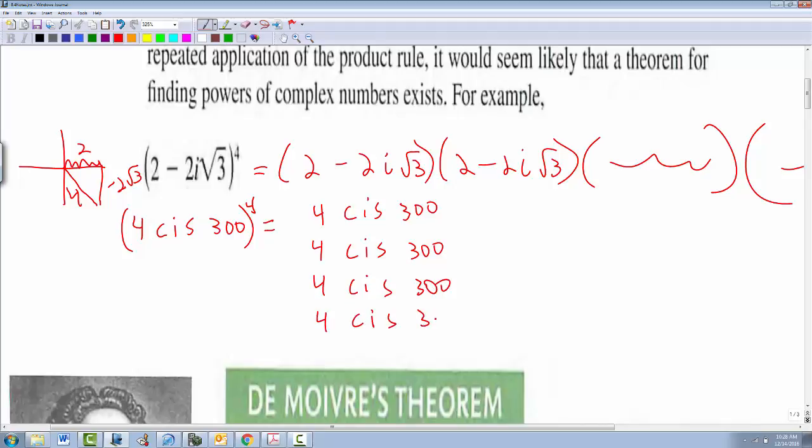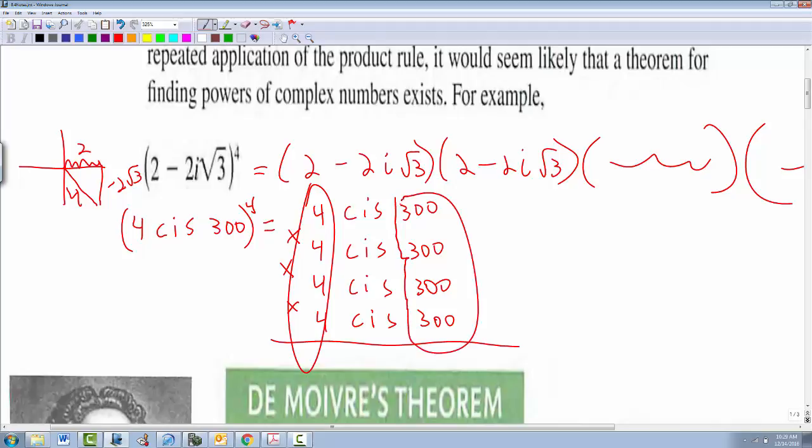Now we're going to take this and multiply it by itself 4 times. And then just use your multiplication rule. What am I supposed to do with these 4s? Multiply them. And then what am I supposed to do with this angle, this angle, this angle, and this angle? What's the same as adding 4 300s? Multiplying by what? 4.